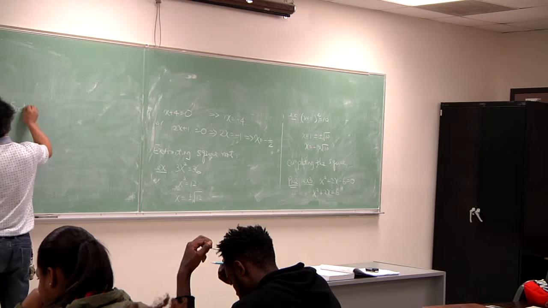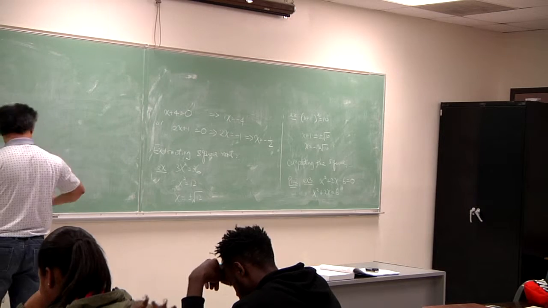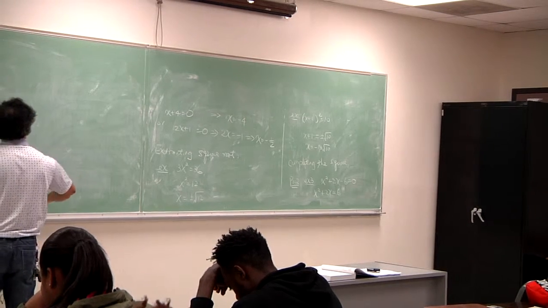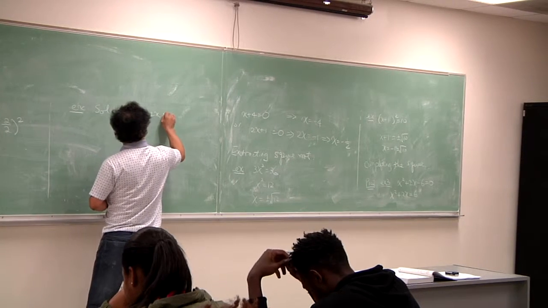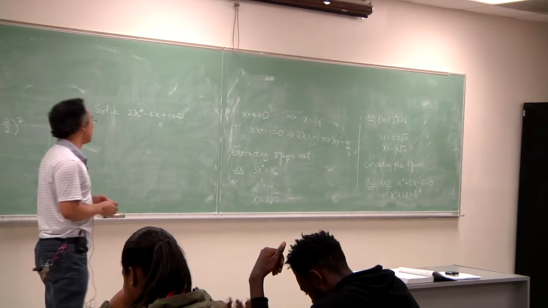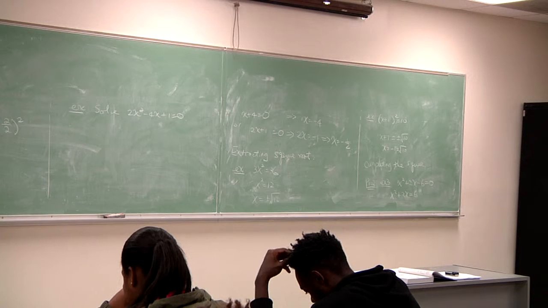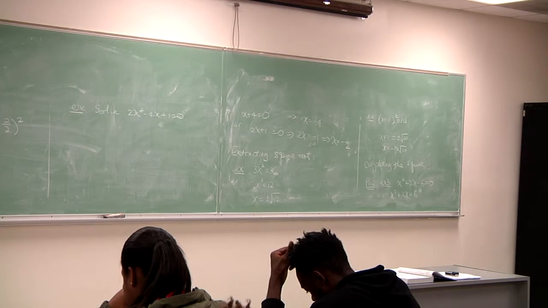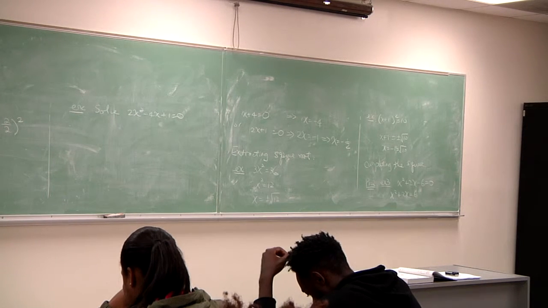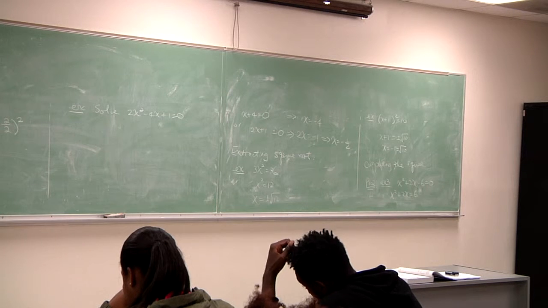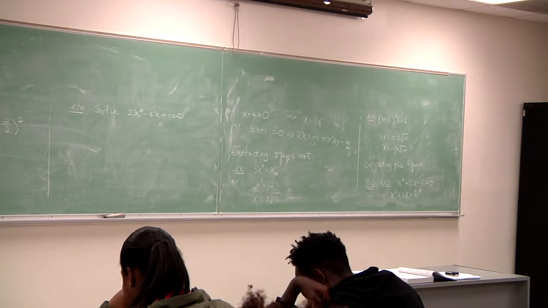So this is another example that can be solved by completing the square. If you try to factor the left side again, it doesn't work. You cannot easily factor the left side, and so we have to complete the square again.